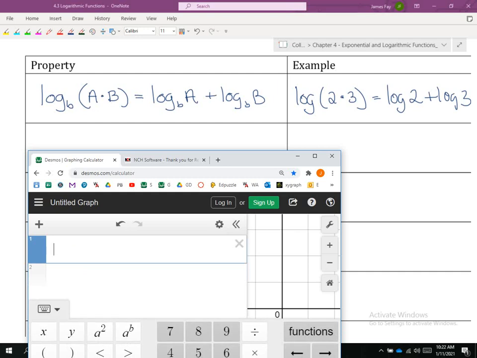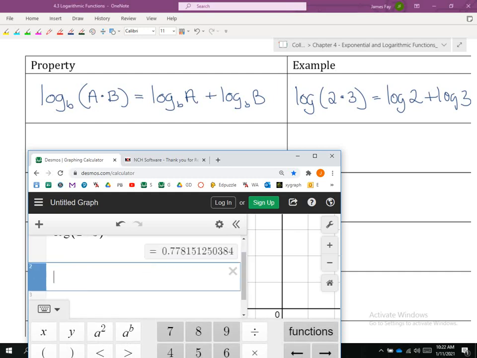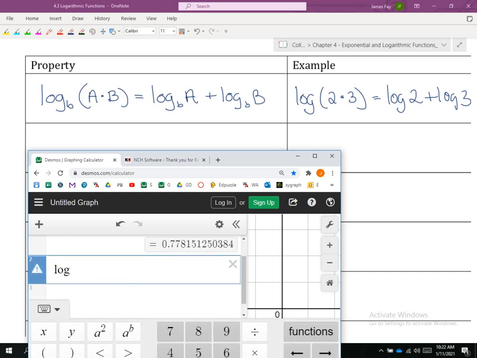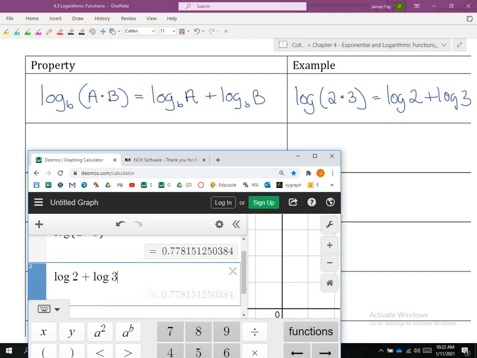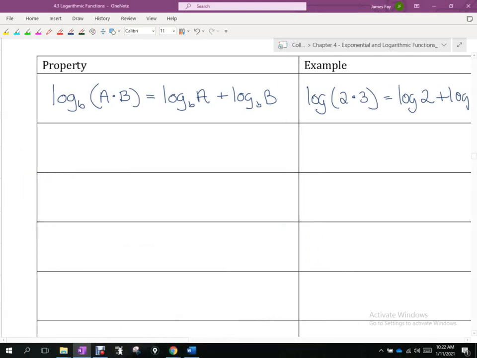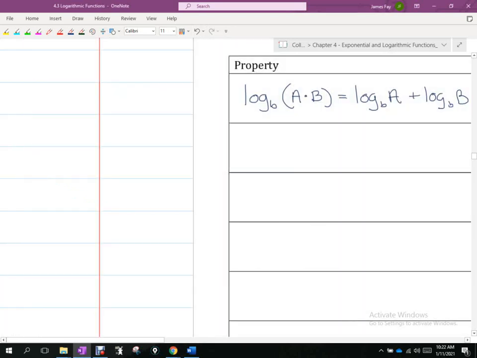If we take log of 2 times 3, I get 0.778, right? Is that the same thing as log of 2 plus log of 3? Now, I want to show you the reason for that.